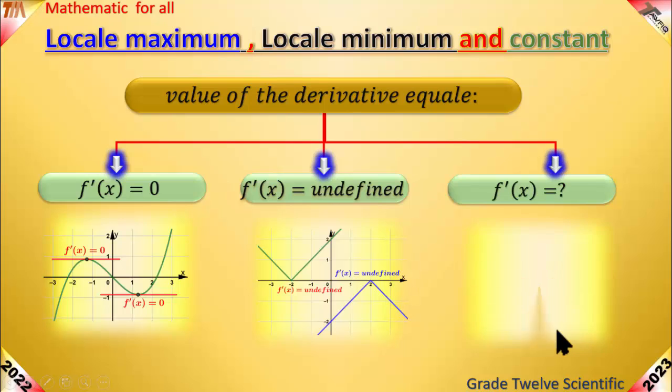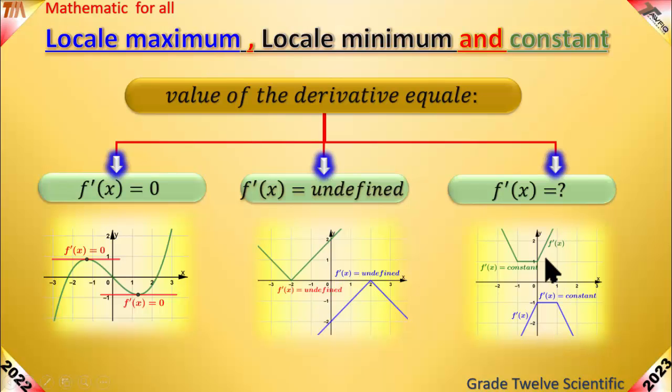And if the graph of the function is like this, in this part, for example in this graph from -1 to 0, f prime is constant, and from 0 to 1 it is constant too.